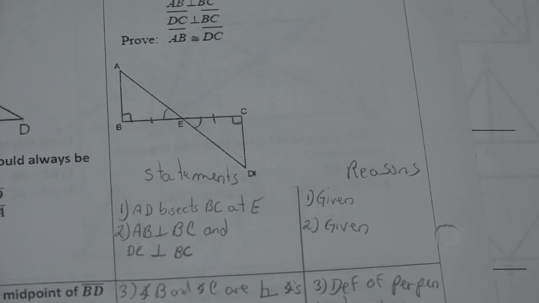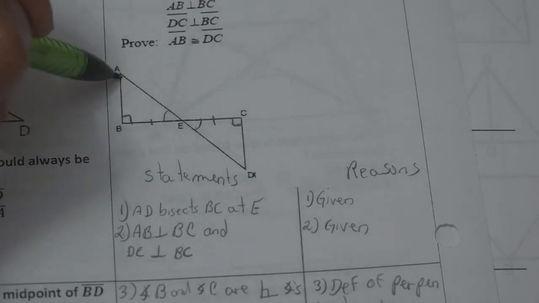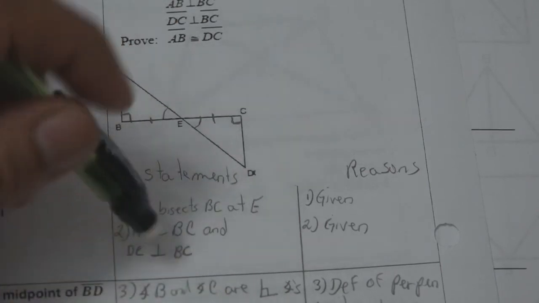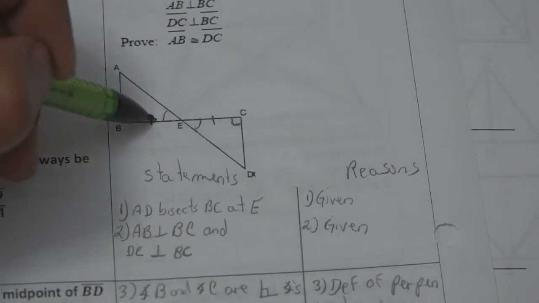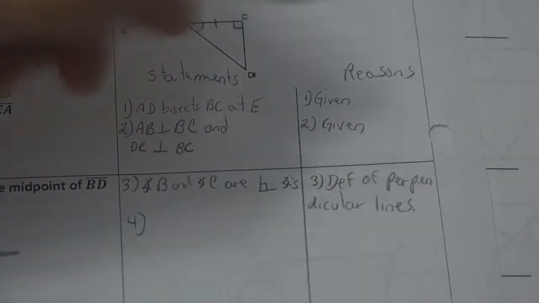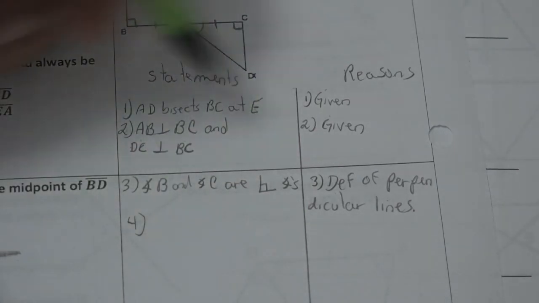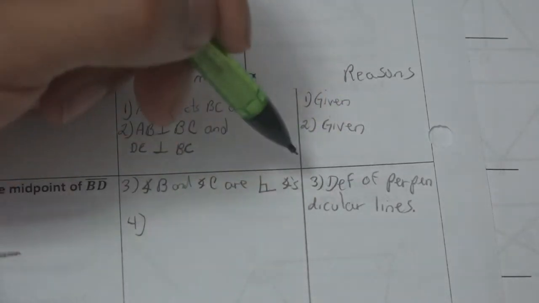Okay, sorry. These are vertical angles, but I'm not done with the right angles. So B and C are right angles because of the definition of perpendicular lines.